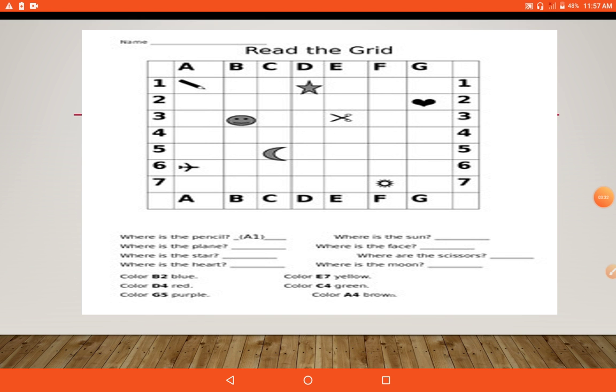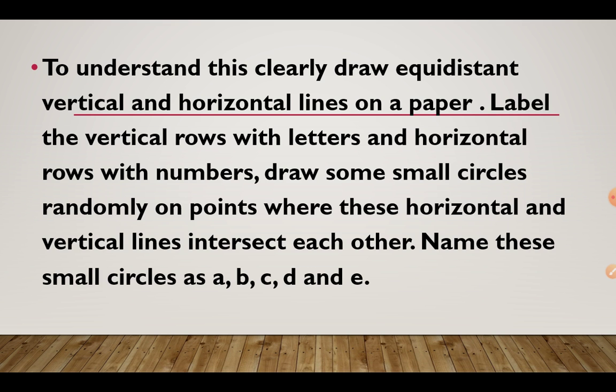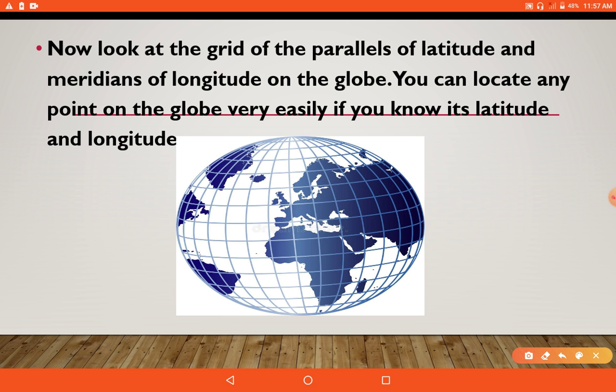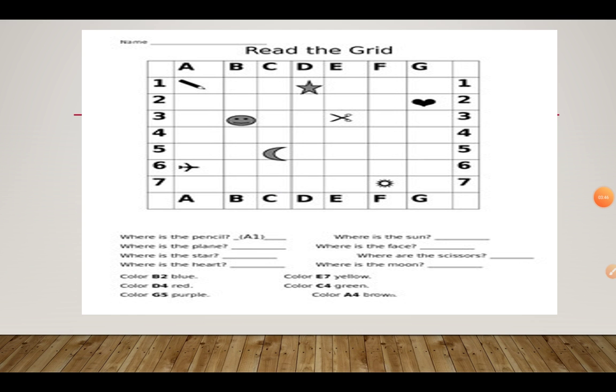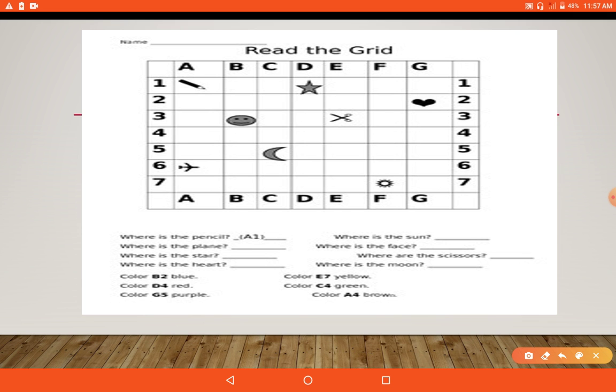Now students, another example. For example, I am going to locate Caesar. Now where is Caesar?